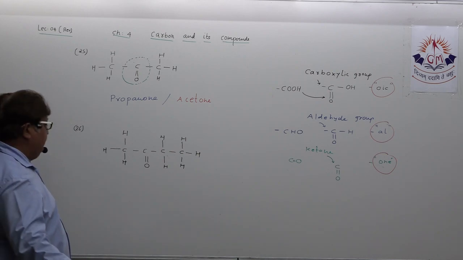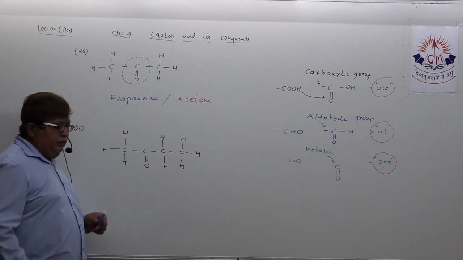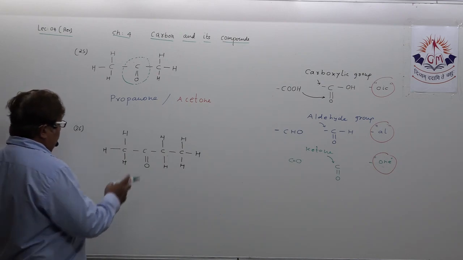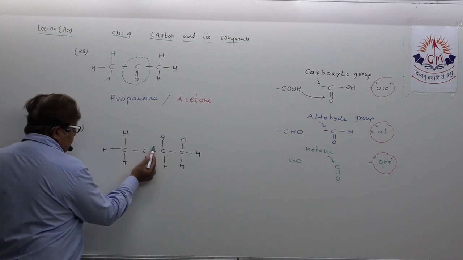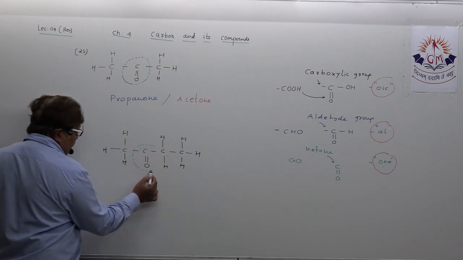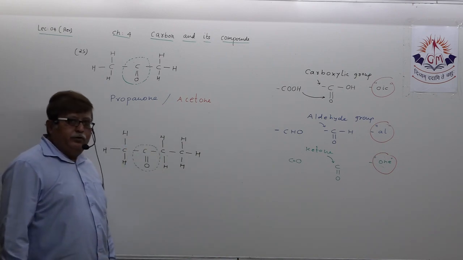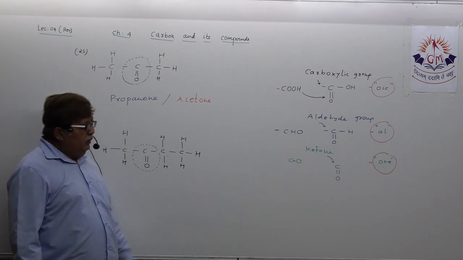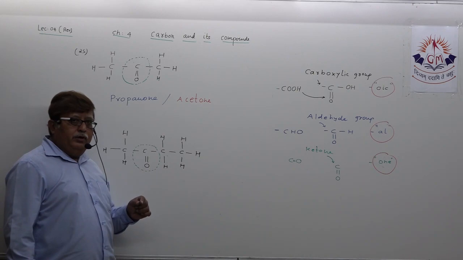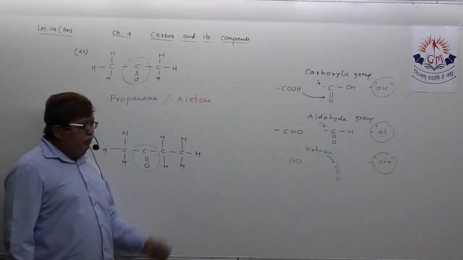Okay? See, let us concentrate here. This is the presence of the functional group C double O. That means C double O means ONE suffix because of the presence of the ketone functional group.